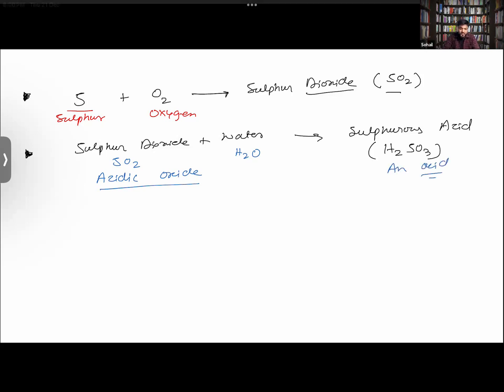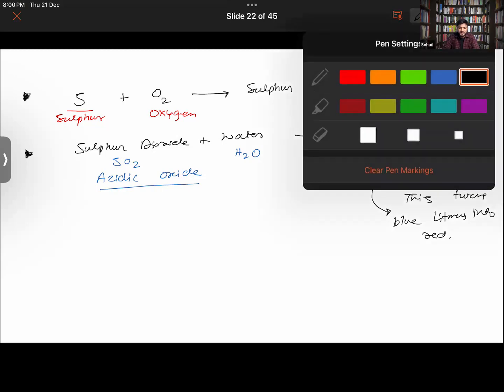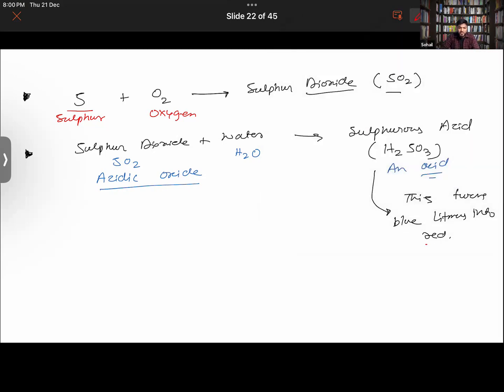Thereby it will turn blue litmus paper into red. Hope everyone got this. So it turned the blue litmus into red, basically showing that it is acidic in nature.